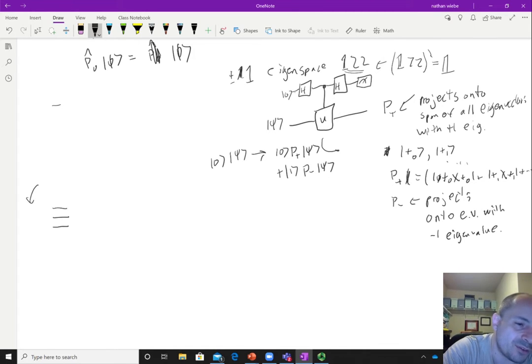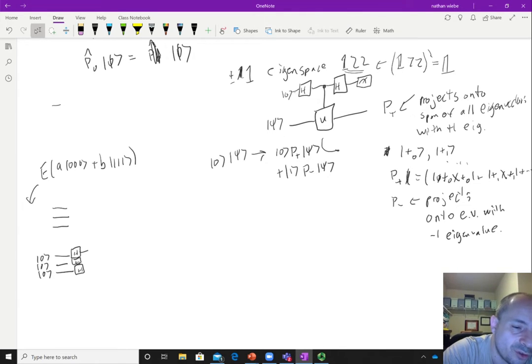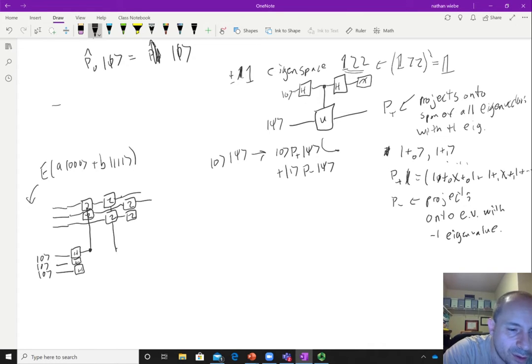If we have a state over here which is some error operator acting on A000 plus B111, then the Hadamard test circuit is going to be of the form: 3 H's, then a controlled Z, Z here, just making sure I'm matching the order right, then Z, Z here, and then Z, Z there. Okay, where that goes down here.